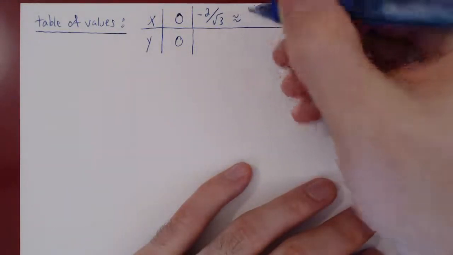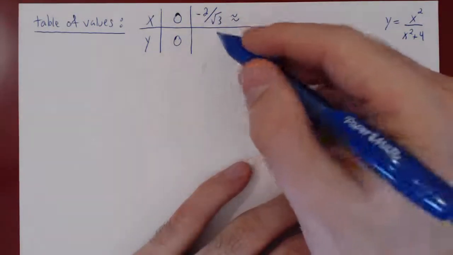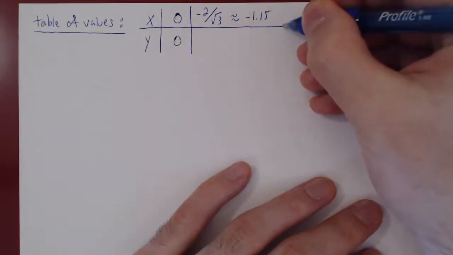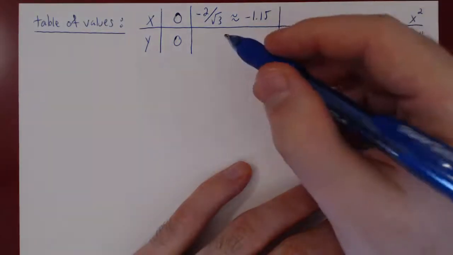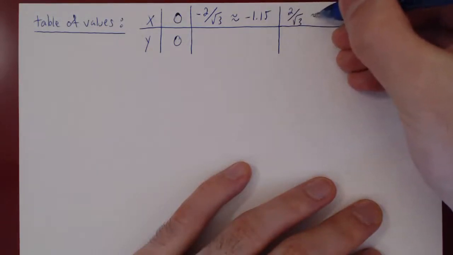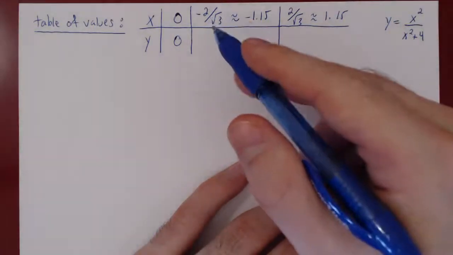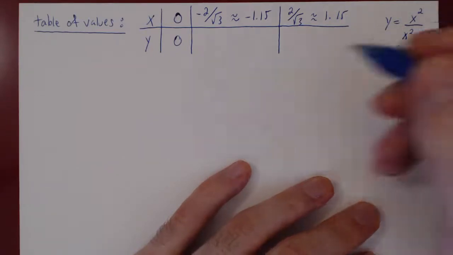So if you use your calculator to find a decimal approximation, -2 over root 3 will be approximately -1.15. And we had, of course, the other possible inflection point, 2 over root of 3, which will, of course, be approximately positive 1.15. And if you plug in -2 over root 3 or 2 over root 3 in this expression, the 2 over root 3 squared will become 4 over 3. And if you compute, you'll have in both cases exactly 1/4.